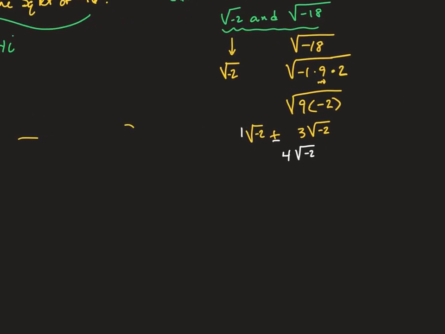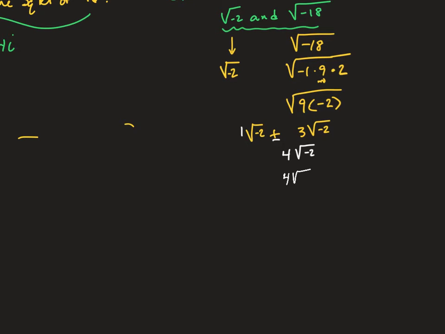Now, however, I don't want to leave the negative 2 in the radical, so I would rewrite that as 4 times the square root of 2 i. Why? Because remember, the square root of negative 2 is equal to the square root of 2 times the square root of negative 1, and then we know that that's i, so we would have the square root of 2 i. So there you go. There's my better answer.